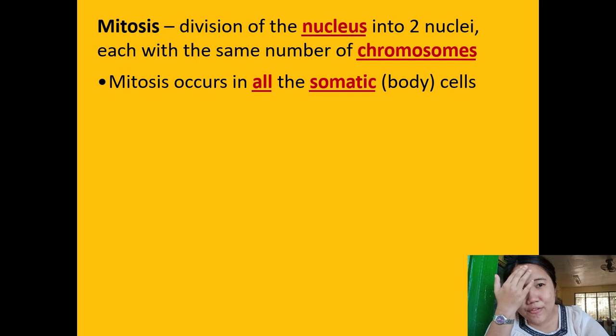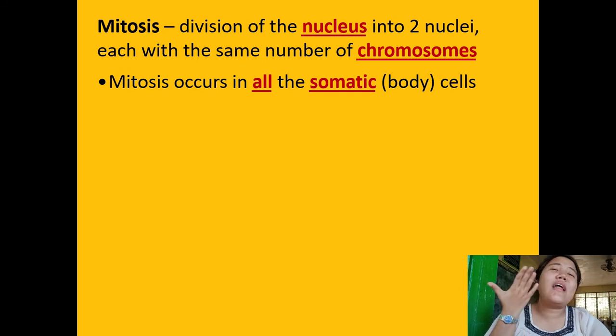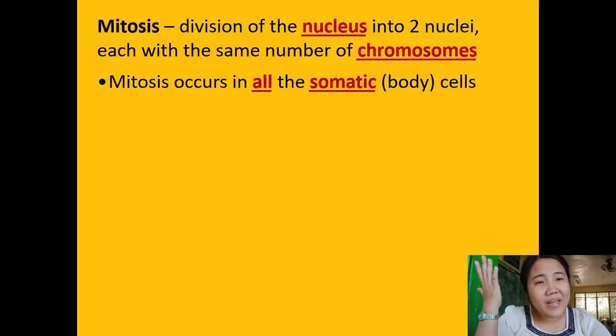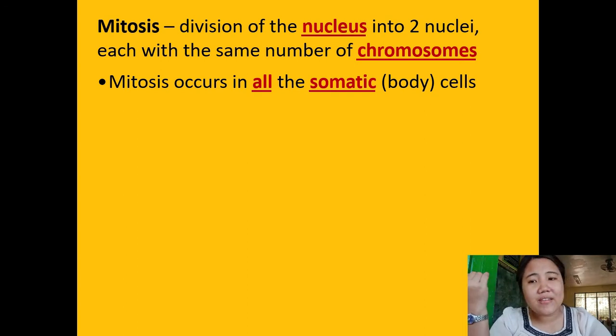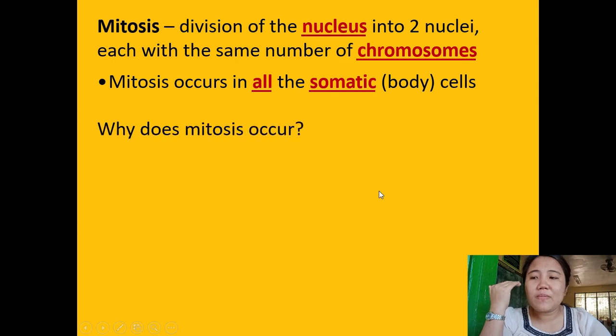The cells in my forehead, my eyes, my hands, on my neck, on my feet, they are called somatic cells. Again, what is the opposite of somatic cells? We have the cells in the reproductive part, that is another kind of cell. So any part of our body is called a somatic cell, and mitosis occurs at this stage.